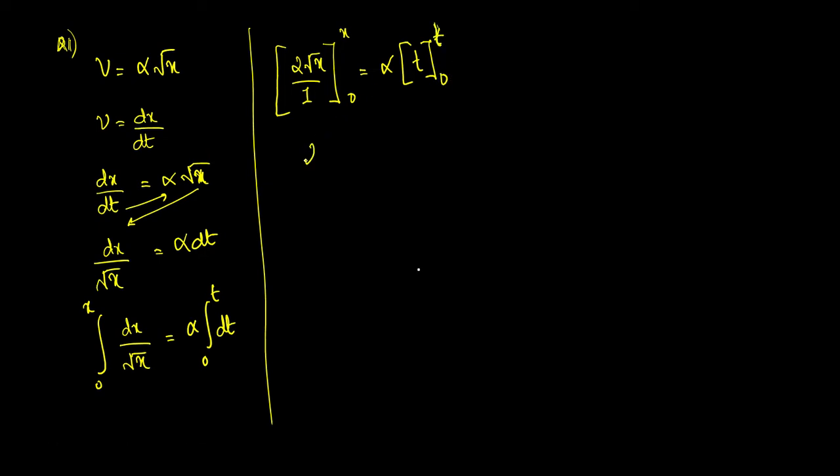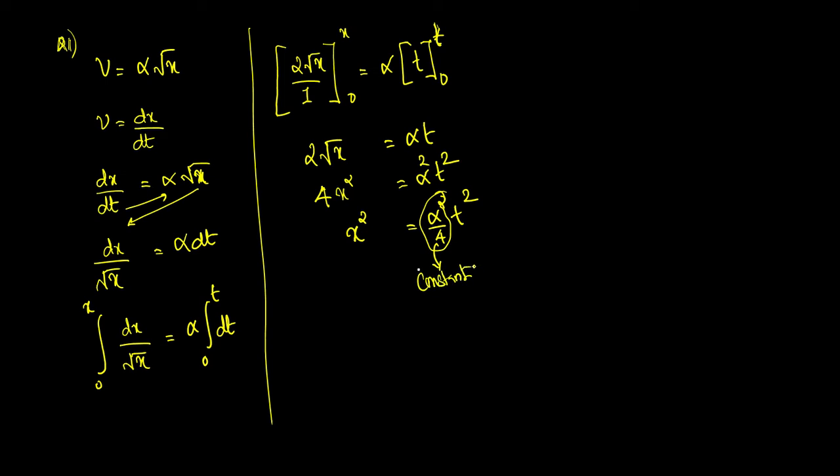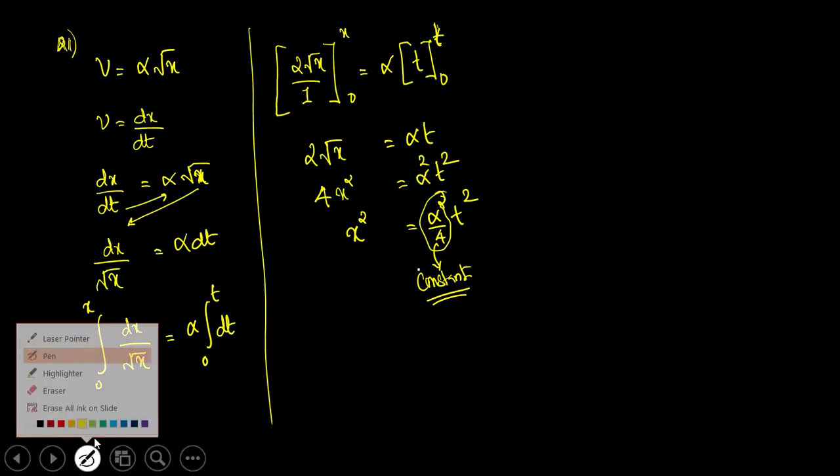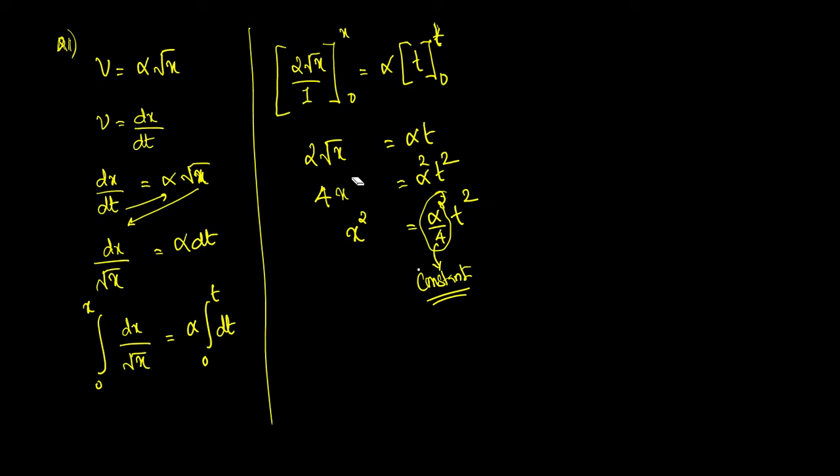So what we get is 2 root x is equal to alpha t, and if you square it, what you get is 4x is equal to alpha square t square, so x is equal to alpha square by 4 times t square. Alpha square by 4 is actually a constant, because alpha is constant, alpha square is constant, 4 is a constant. I'm sorry, it's not x square, my mistake. It's just x.